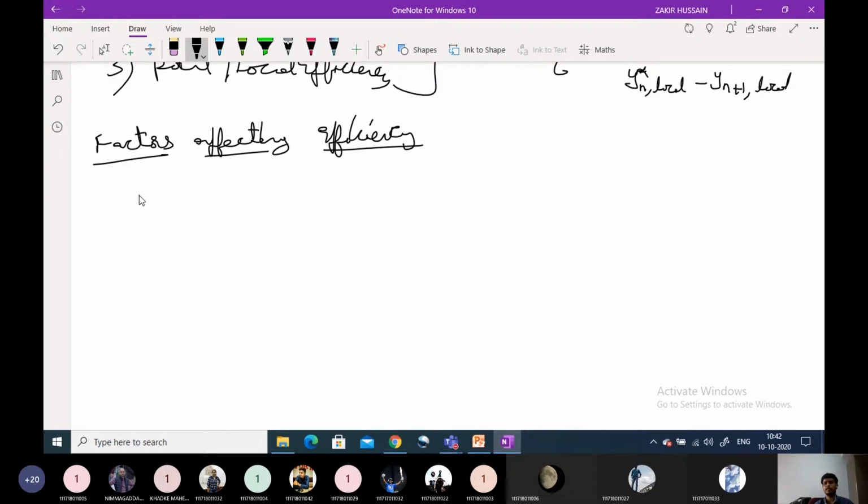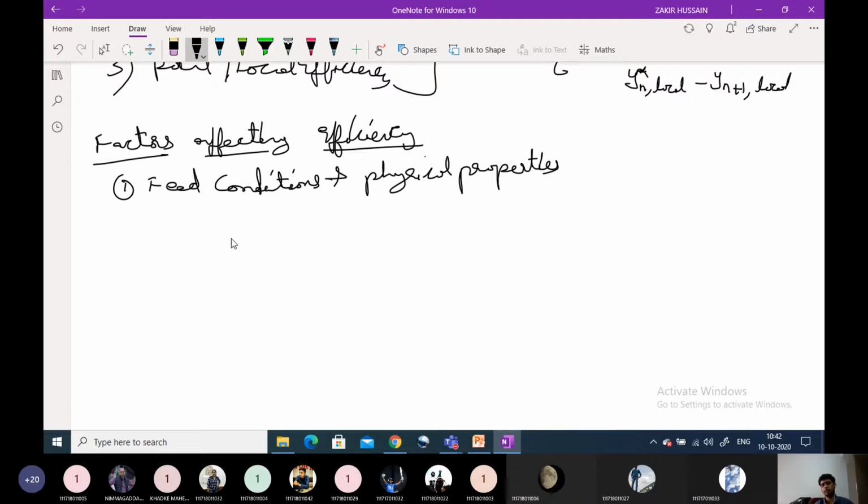The first one is feed conditions and physical properties.